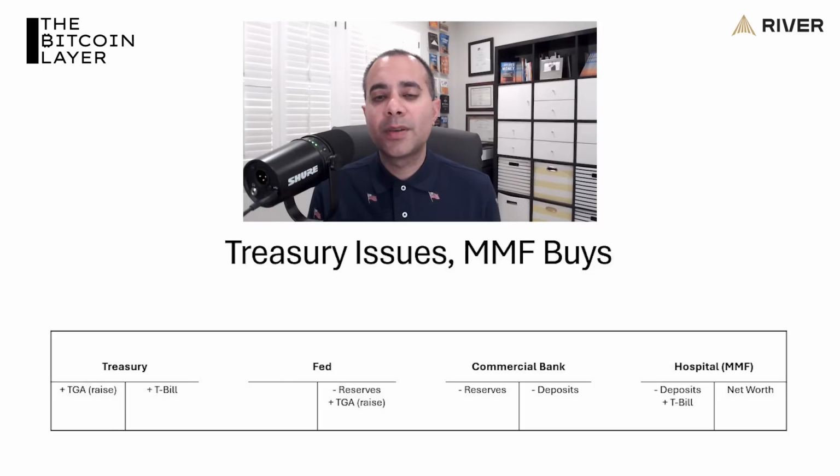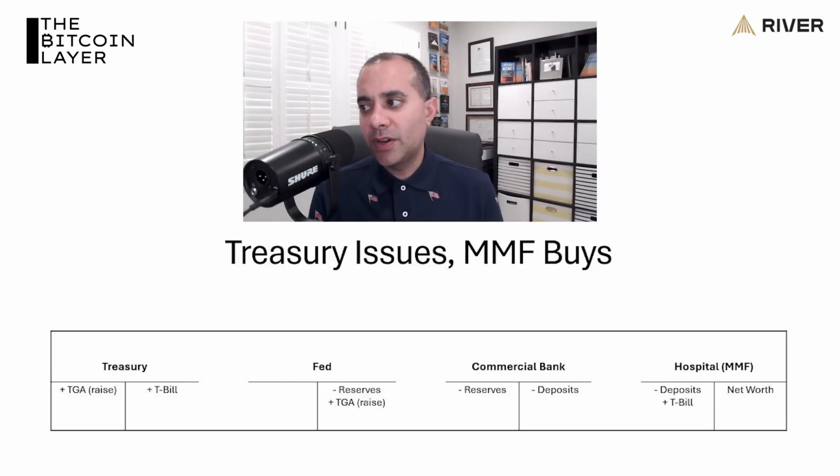So where does the money come from then to buy the T-bill? Who buys the T-bill? We have the hospital here marked, but remember, the hospital now also has its own money market fund account where the hospital is using some of its cash balance to put back into the system.